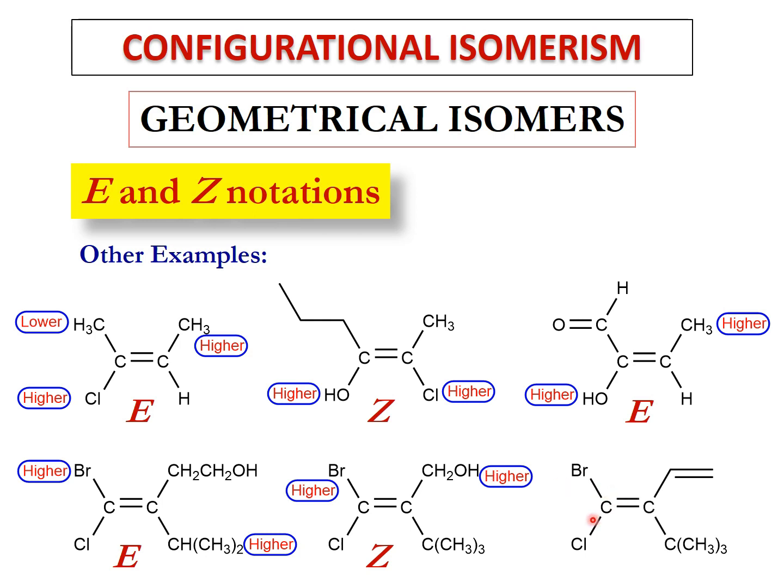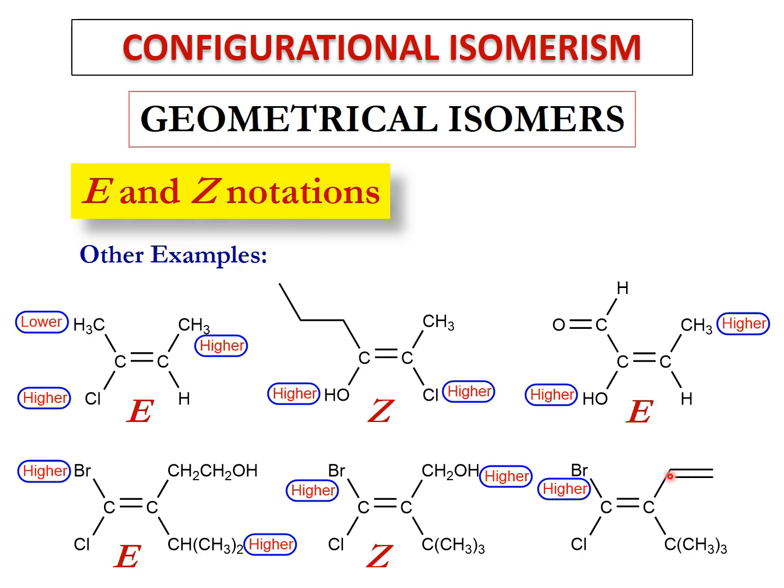Here we have again a bromine and chlorine. So bromine has a higher priority, and on the right hand side we have a carbon that has a double bonded carbon to it, and here we have again a carbon atom with 3 CH3 groups attached to it. Now this carbon atom has one hydrogen and 2 carbons, because this is a multiply bonded carbon atom here, so it will be considered as being attached twice.